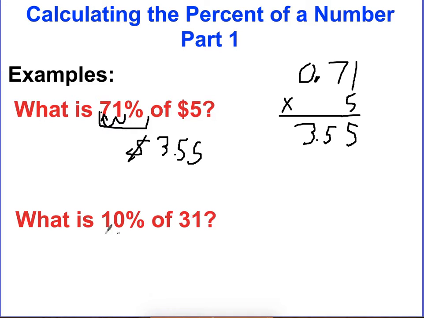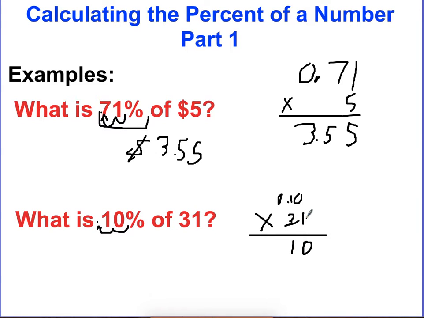Same idea here, 10% of 31. So change this into a decimal first. Move the decimal 2 spaces to the left. So I'm going to have 0.10 times 31. 1 times 0, so just the standard algorithm for multiplying again. 1 times 0 is 0. 1 times 1 is 1.